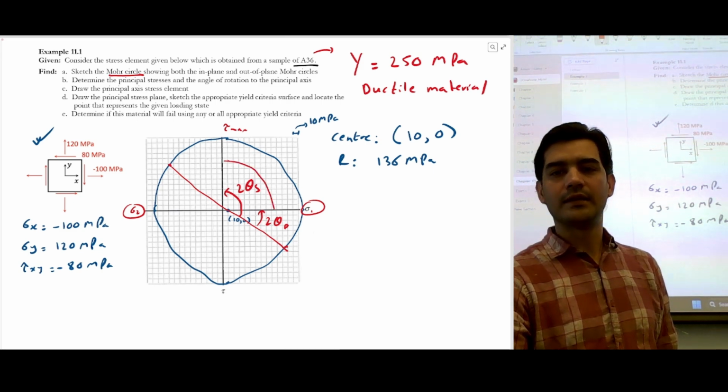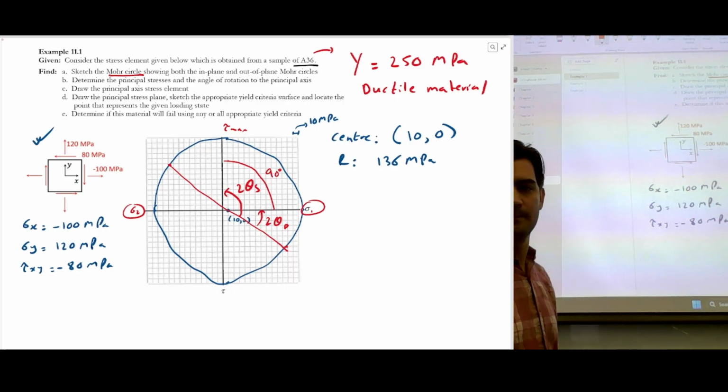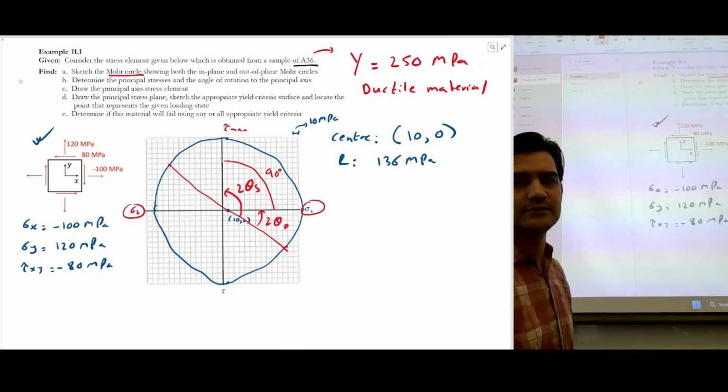And this angle is 90 degrees. So that's the first part.